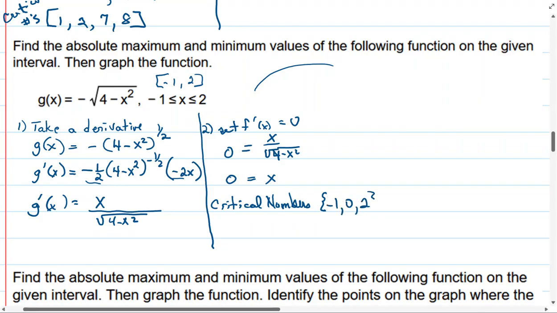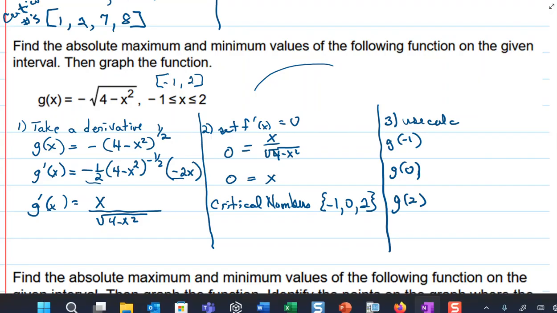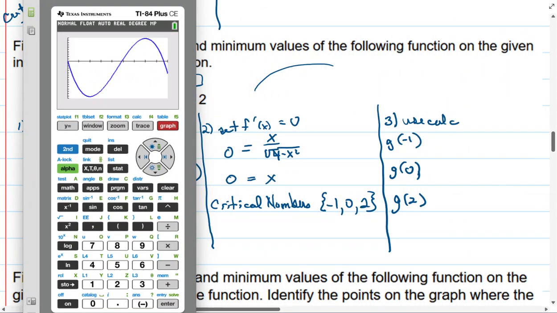So now I'm going to use my calculator, because I need the g of negative 1, the g of 0, and the g of 2. Here we go. Go to my y equals. I'm going to clear that mess.